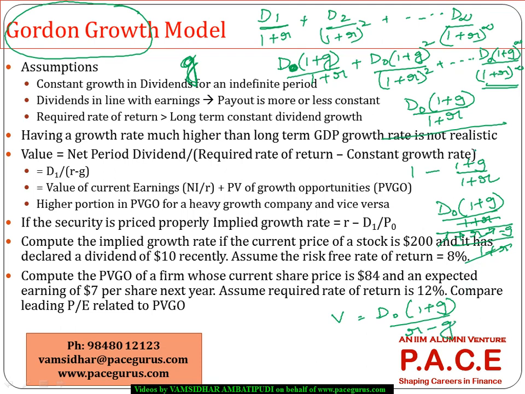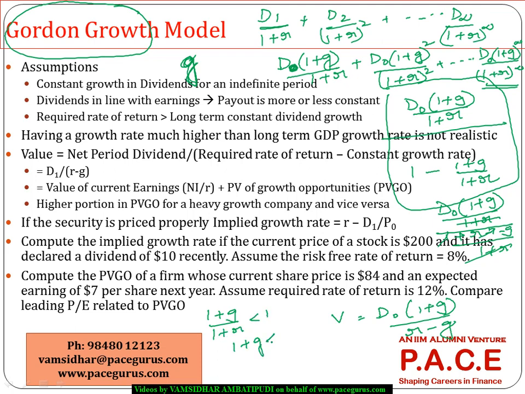Of course, this formula, A0, the first term by 1 minus the common ratio, is applicable only when the common ratio is less than 1. So (1 plus G) by (1 plus R) should be less than 1.